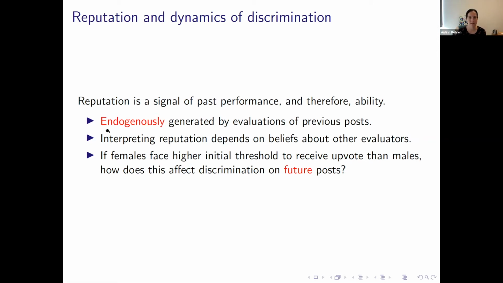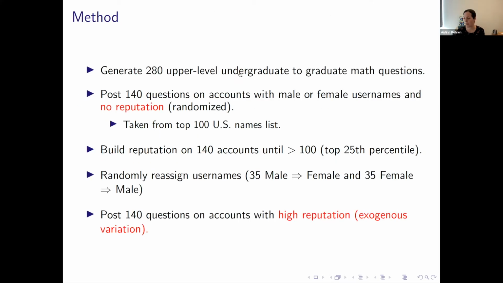All right, so we want to say, well, if a female faces a higher initial threshold to receive an upvote, how is that going to affect discrimination on future posts? So our method, or what we did here, is we generated 280 upper level undergraduate to graduate math questions: analysis, probability, those sort of topics.